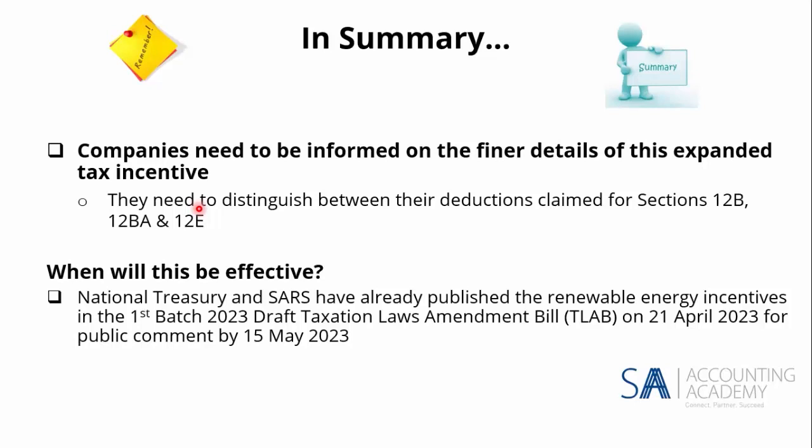And they'll make the decision then, okay, for these ones, we are going forth with 12B because we claimed it last year. We've already claimed the 50, so for this year we'll claim the 30, and next year the 20 on the 12B assets. On the new assets that we bought via an installment credit agreement in this year, or up until Feb 2025, we will then be looking at whether or not we can claim that in terms of 12BA.